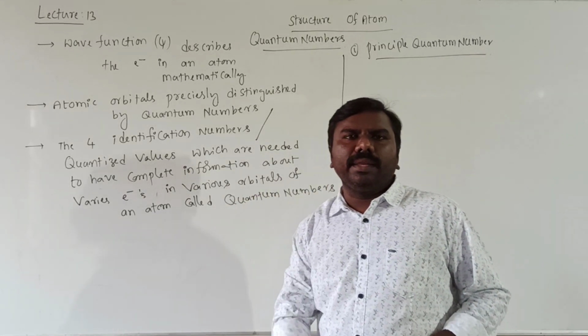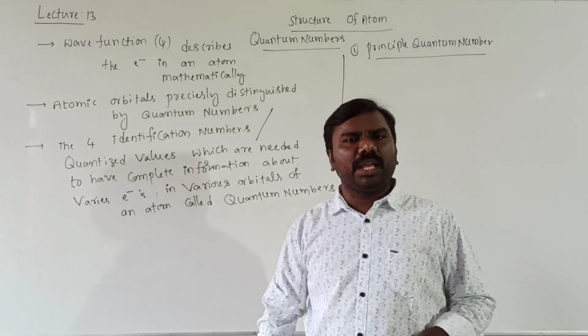Quantum number 1, that is the principal quantum number. It was given by Niels Bohr and it is indicated by the letter n.